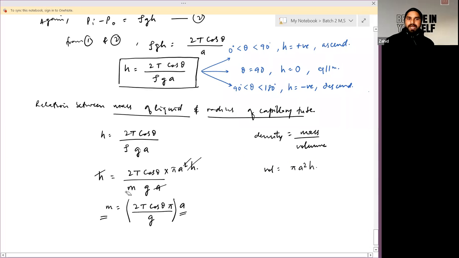It will move to the numerator. A and A will cancel out, h and h will cancel out. So move this mass to the left side. You're left with just A. 2T cos theta, pi, g, these all are constant. So m is directly proportional to A. It means the more the radius of the capillary tube, the more mass of liquid it will contain. Is it clear?